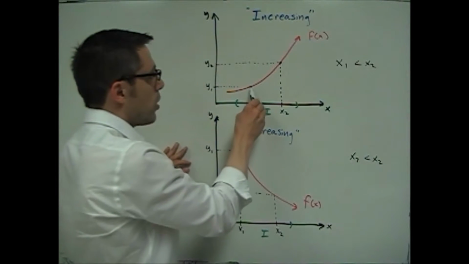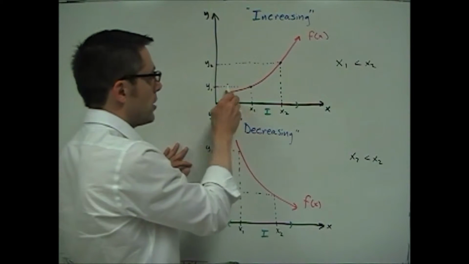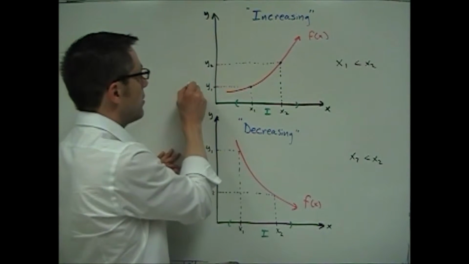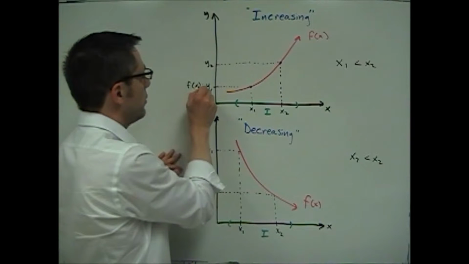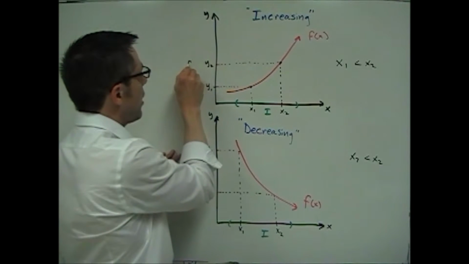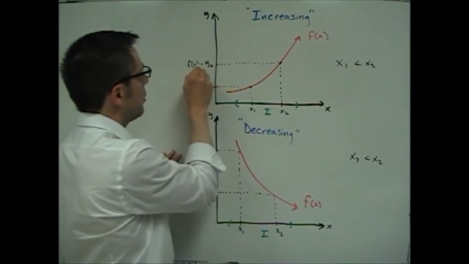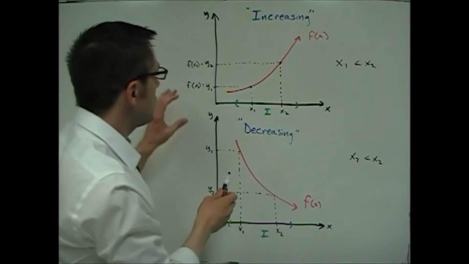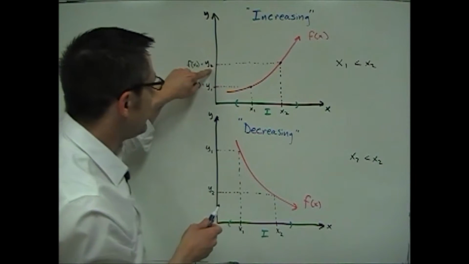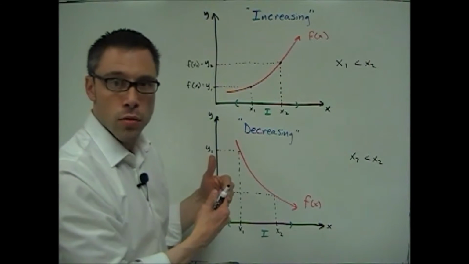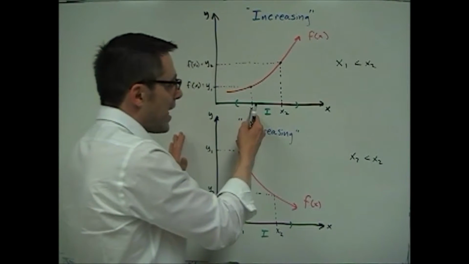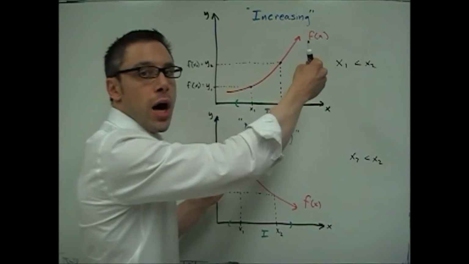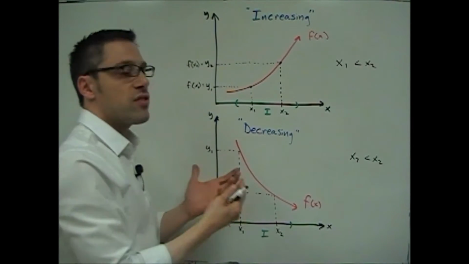Moreover, if I plug the x1 value into my function, I get a corresponding y value, an output, right? This is really my f of x1, which is equal to y1. And f of x2, if I plug x2 in over here, I get a y2, right? Notice that clearly y2 is above y1. So that means that as I increase in x, my corresponding y values go up, and that's what we mean by increasing.